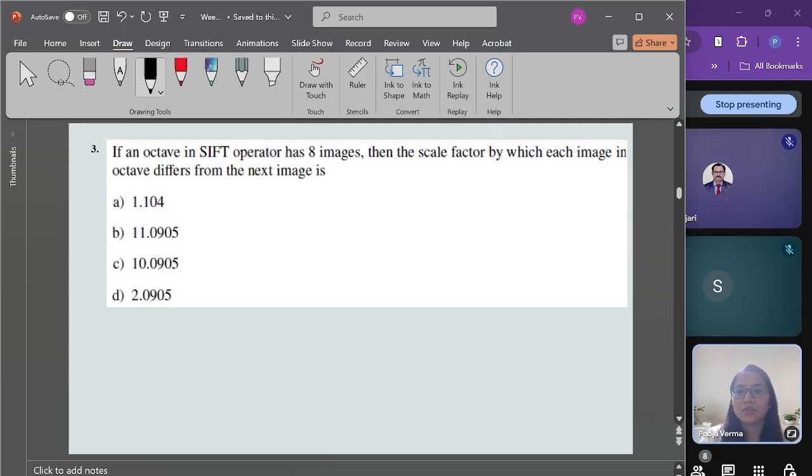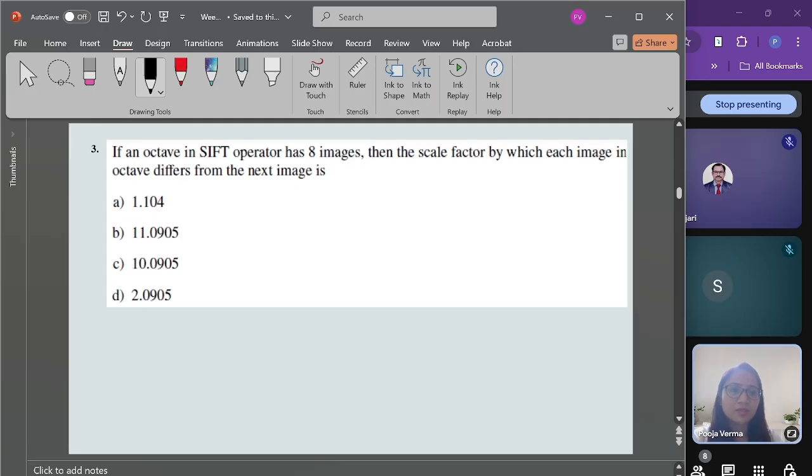The next question is: if an octave in the SIFT operator has 8 images, then the scale factor by which each image in the octave differs from the next image is? Can you guess, or does anyone have any idea how to solve this question?